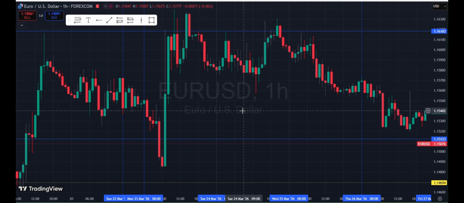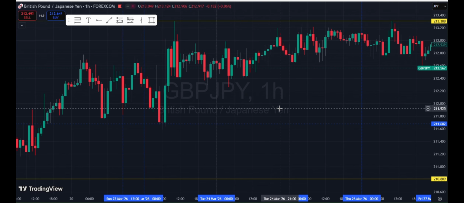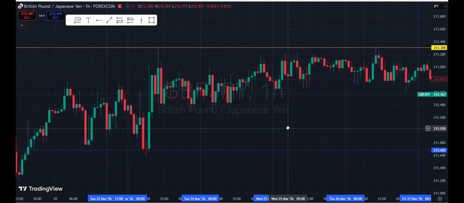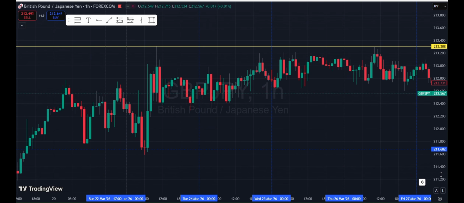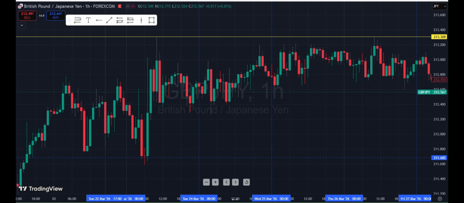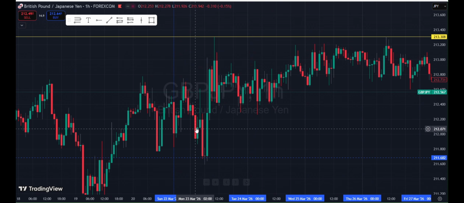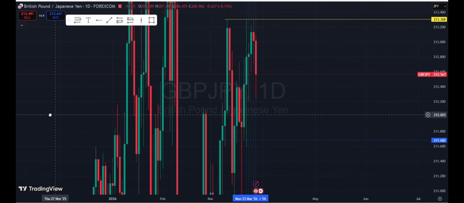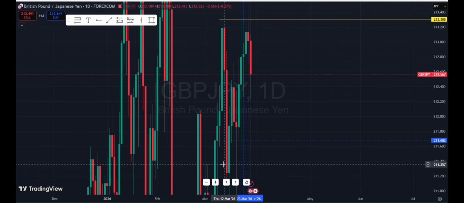So then we move to our next pair, which is the British Pound JPY. What actually happened on British Pound JPY? The market opened and respected all the zones or the areas that were mapped out. We can see that the market came back on Monday and reacted to the order block on the daily, which we were expecting price to get to.